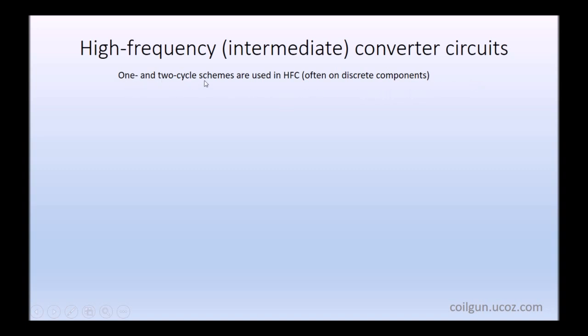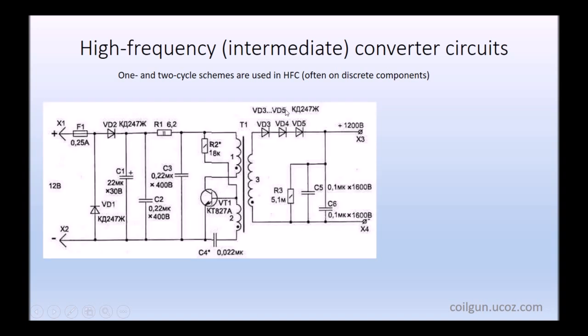There are a lot of schemes for it. It can be 1 or 2 cycle schemes, and often they are made on discrete components to reduce costs. Let's now see, for example, one of the simplest examples, a blocking generator on one bipolar transistor.